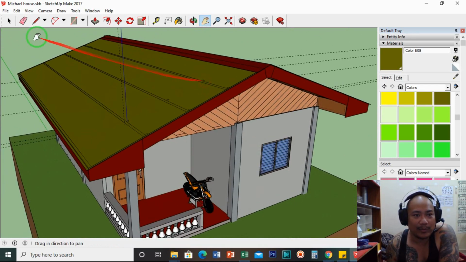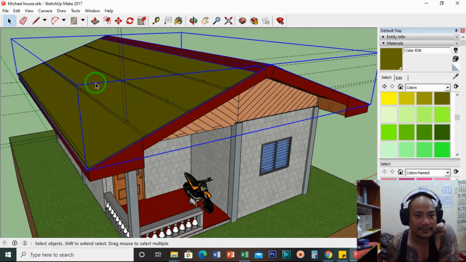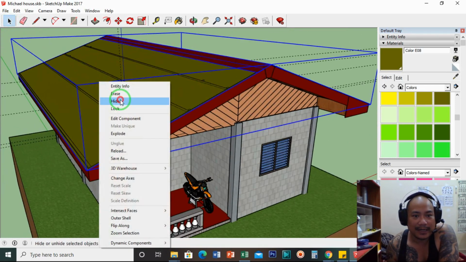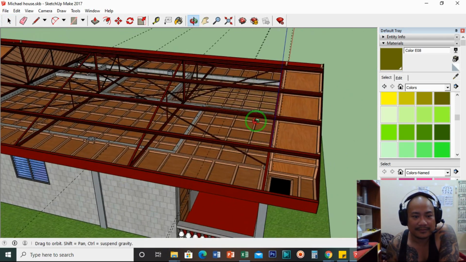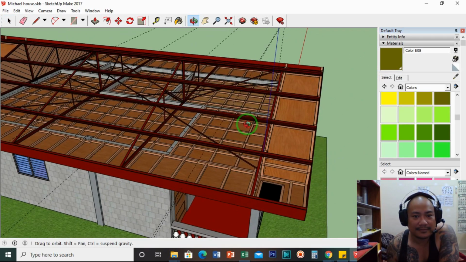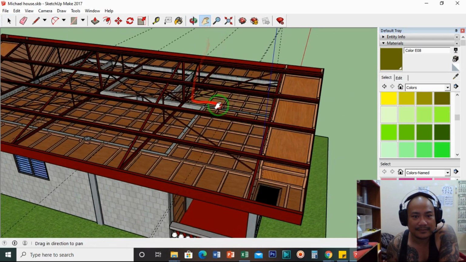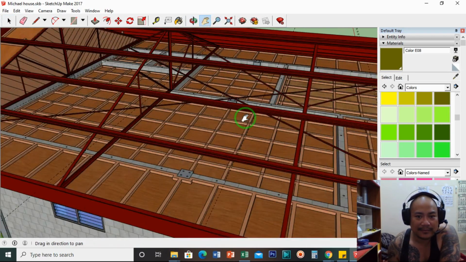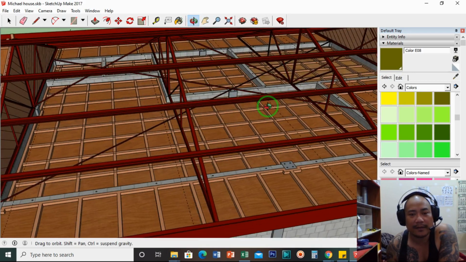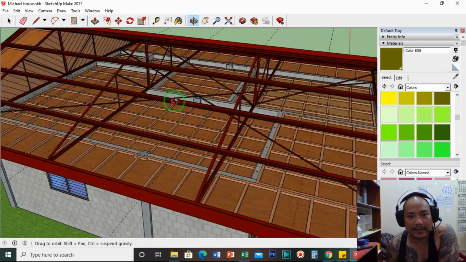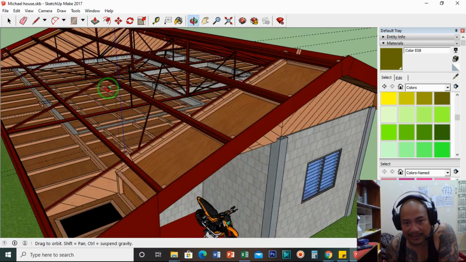So I will remove the roof. In my drawing, I did not include the electrical and the plumbing system of this project. So these are the trusses of this house.